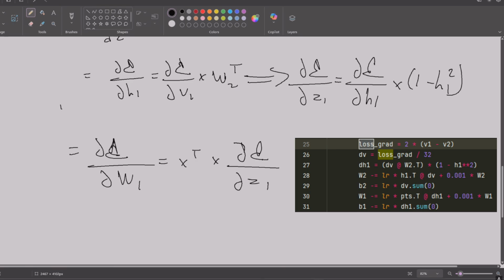Pretty simple, it's basically the same pattern. We take the input transpose times the gradient, scaled by the learning rate, and we add the weight decay. So the 4 equations are basically the 4 lines of code that I showed from each step, and that's the entire brain being updated.